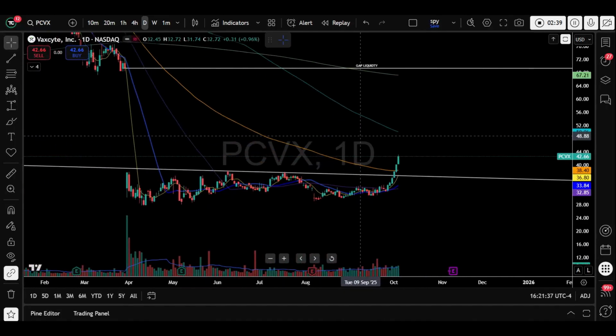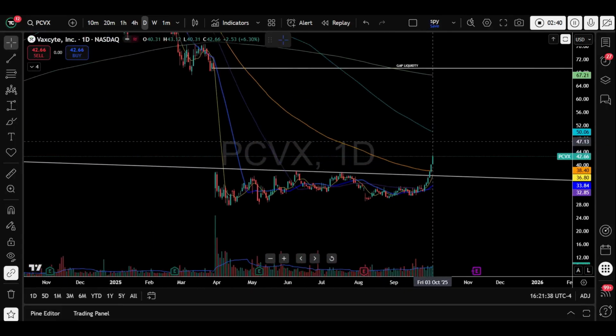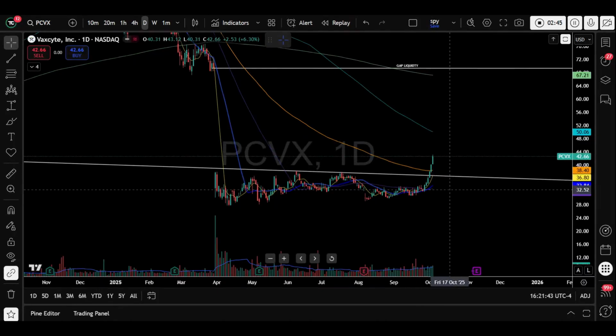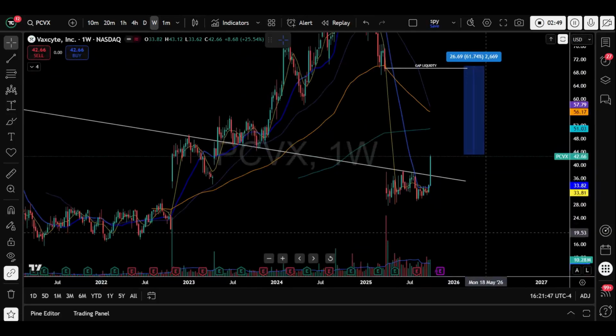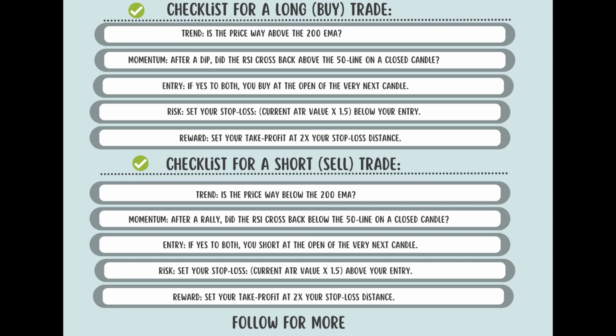Putting it all together, the complete rules. So, we built the system. Here are the exact rules. It's a checklist. If you can't say yes to every single point, you do not take the trade. No exceptions. Checklist for a long buy trade. 1. Trend. Is the price way above the 200 EMA? 2. Momentum.